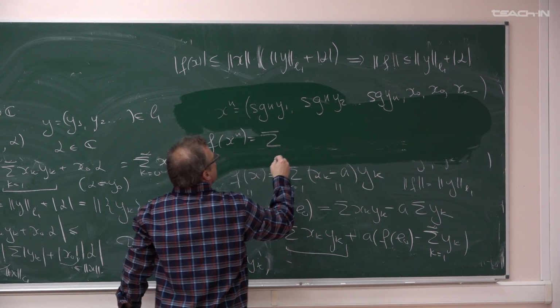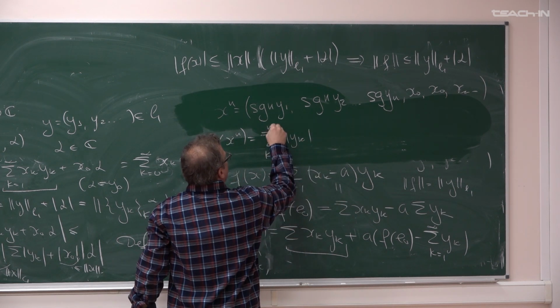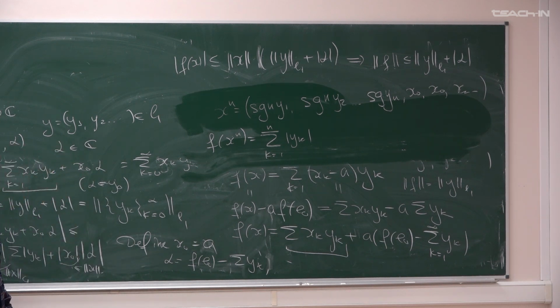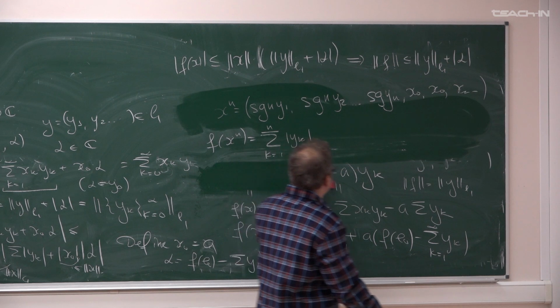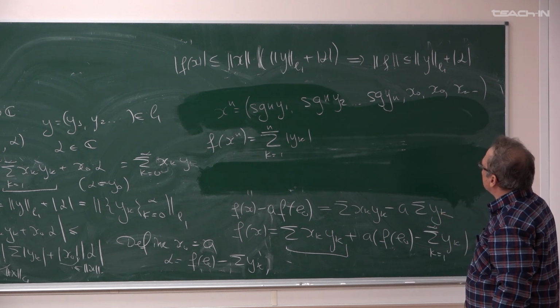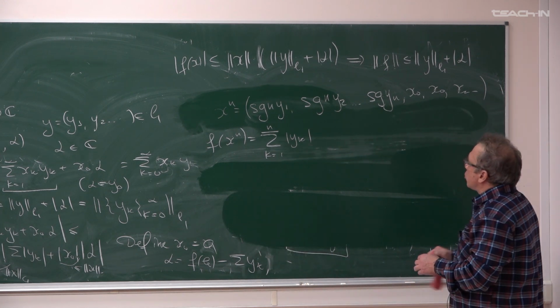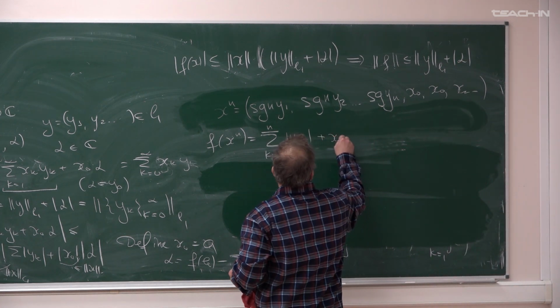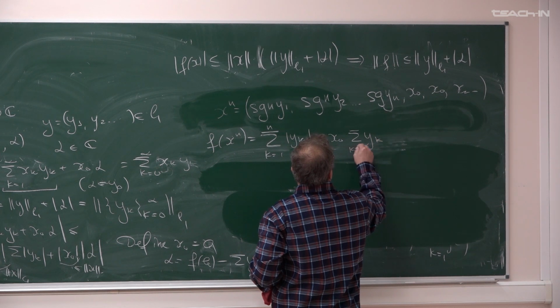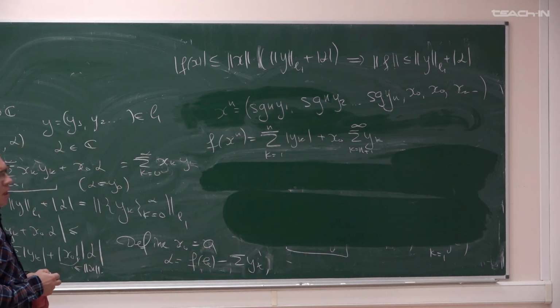We immediately obtain the sum of yk, k from 1 to n. And then, this is not a good example, I think, because we need to use the sums plus this sum, yeah?